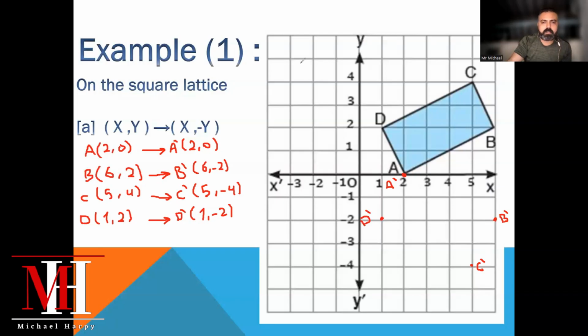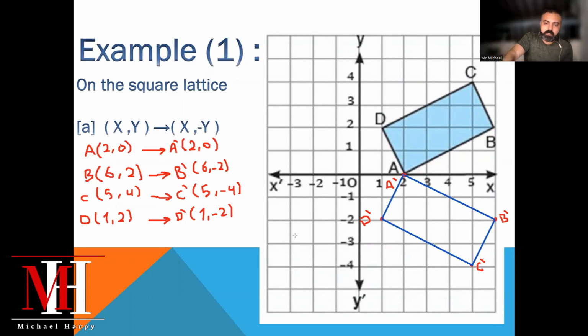Then join the 4 points: point A to point B dash, B dash to point C dash, C dash to point D dash, finally point D dash to point A dash.